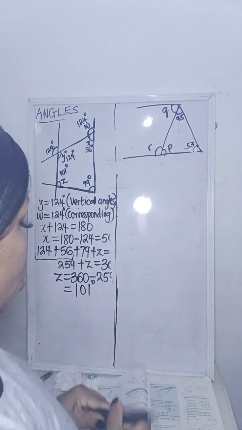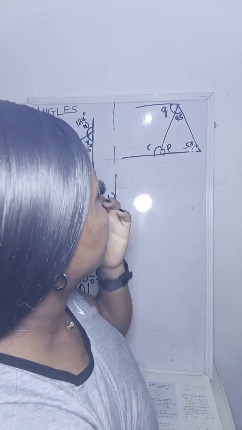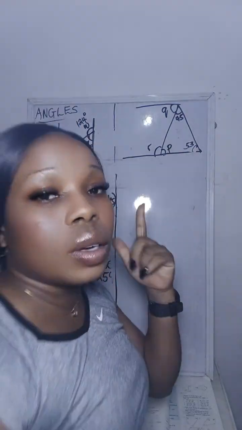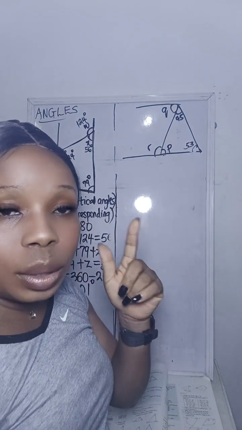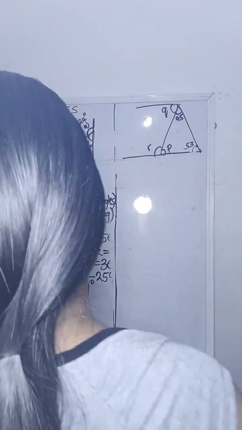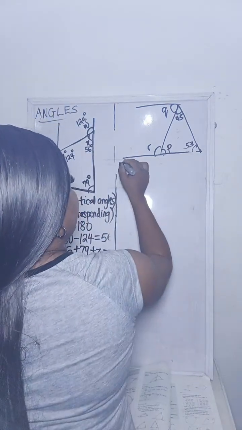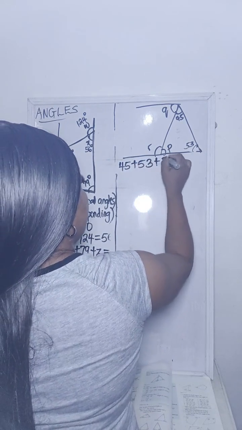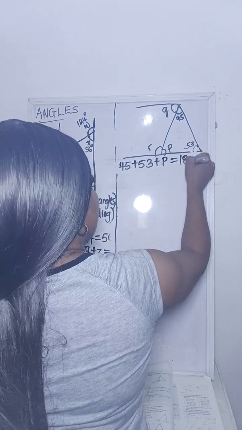All right. So you will notice that inside the triangle, I have two angles. And with those two angles, I can get my third angle because the sum of angles in a triangle equals 180. So that means 45 plus 53 plus P equals 180.